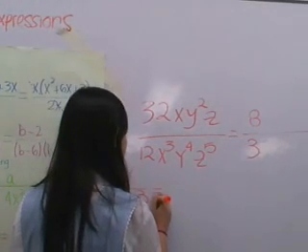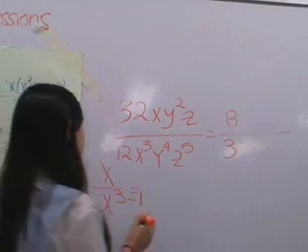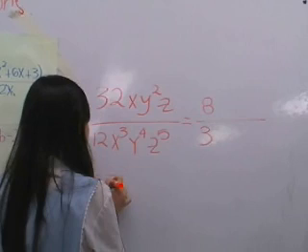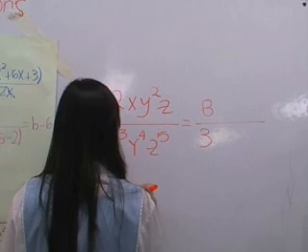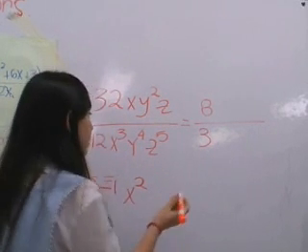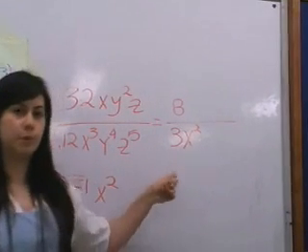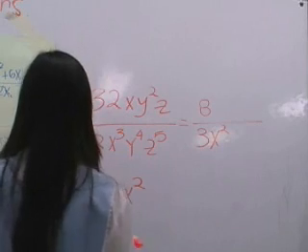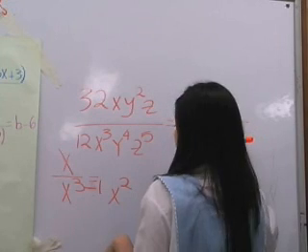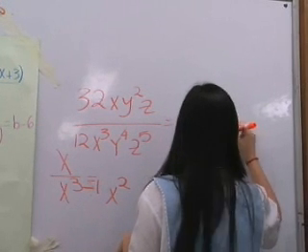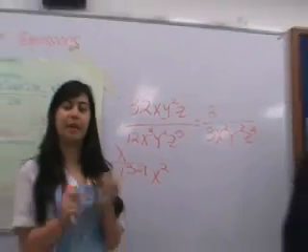So you will have 3 minus 1, so this x is gone, and you will have x to the power of 2, so you put it in the bottom. Why? Because here is where you subtract. And you do that with all the letters, and the final answer will be 8 over 3x squared y squared c to the power of 4. And that's it.